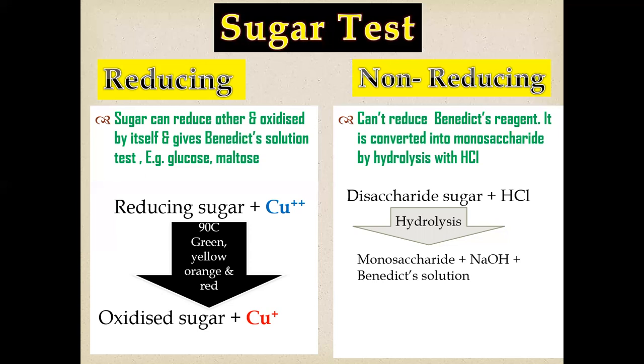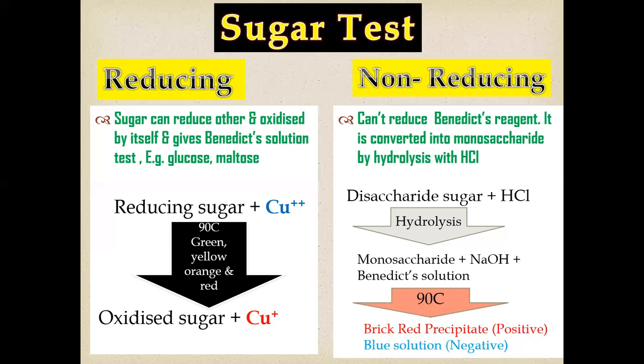Then we add the Benedict solution and increase the temperature to 90 degrees Celsius, and this will give us a brick red precipitate. If it gives results in a sequence like green, yellow, orange, leading to brick red, it means it was a non-reducing sugar. We converted it into a reducing sugar by breaking the glycosidic bond with the help of hydrochloric acid.